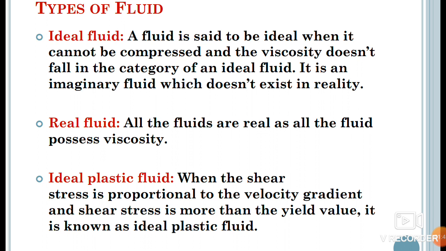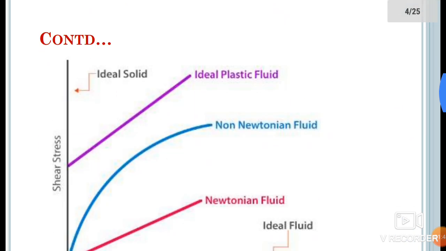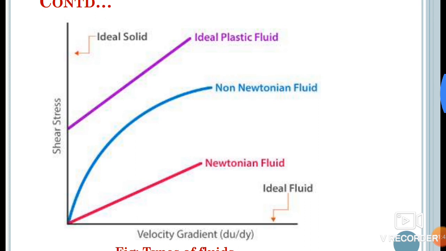I will explain it with the help of a figure. Here you can see a figure, with the velocity gradient on the x-axis and shear stress on the y-axis, and you can see a purple line which shows the ideal plastic fluid. In this figure, the shear stress is directly proportional to velocity gradient, shown as a straight inclined line.